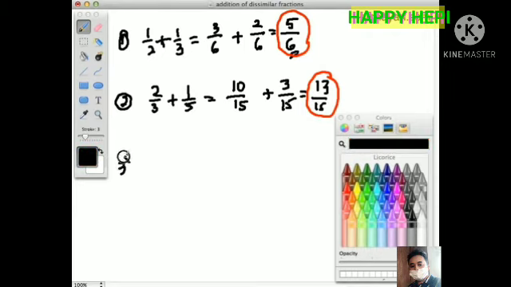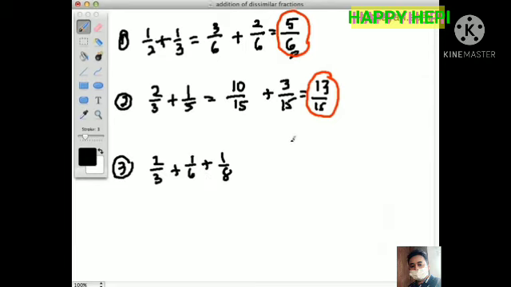Okay, last example natin. So we have 3 fractions with different denominators. So we have 2/3 plus 1 over 6 plus 1 over 8. Okay, so we can now list the multiples. What do you think is our common multiple?